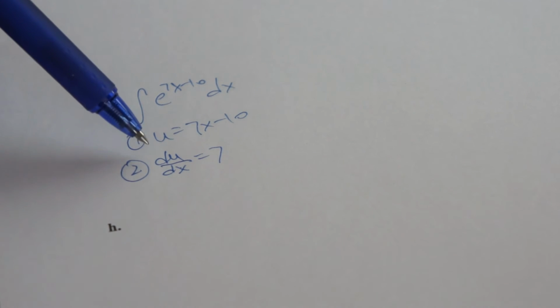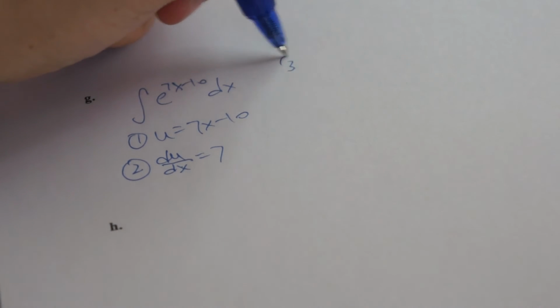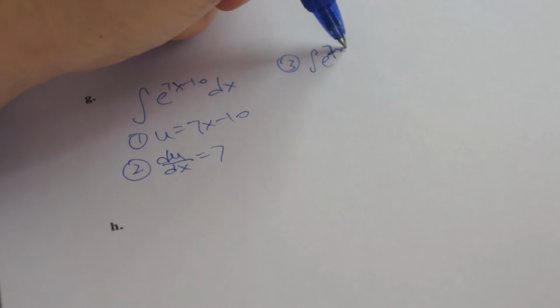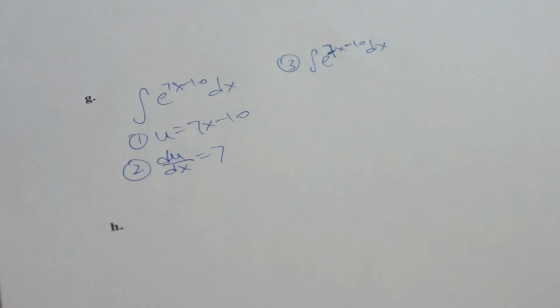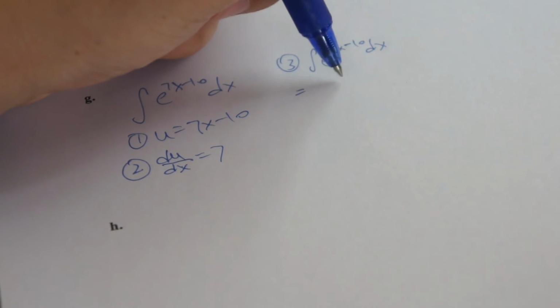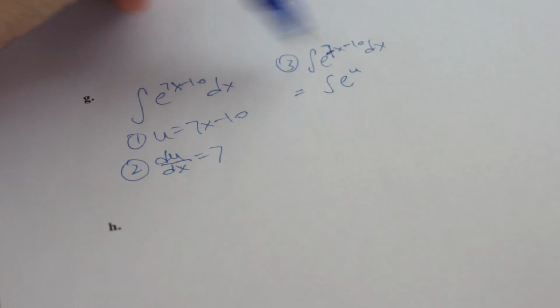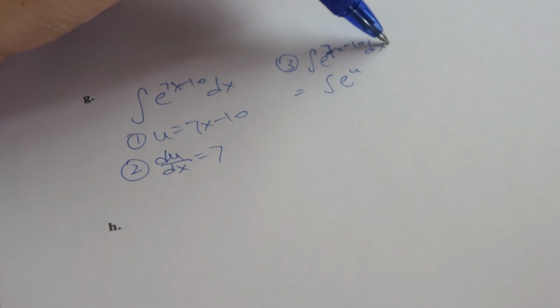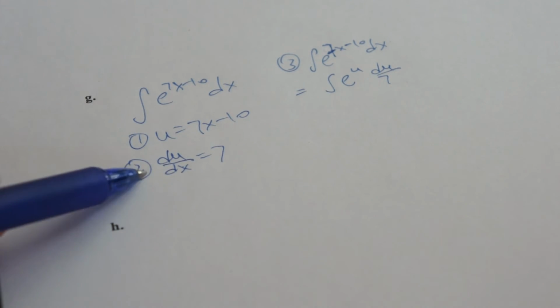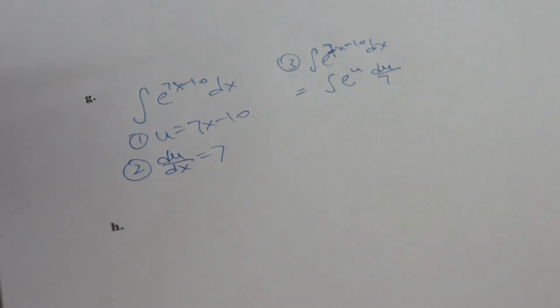Okay, and the second step is to find du over dx, which is 7. Then the next step is to go to the first step, which is to integrate e to the power of 7x minus 10. Next we have to replace everything in terms of u. 7x minus 10 will be u, and dx becomes du over 7, referring back to step number 2.